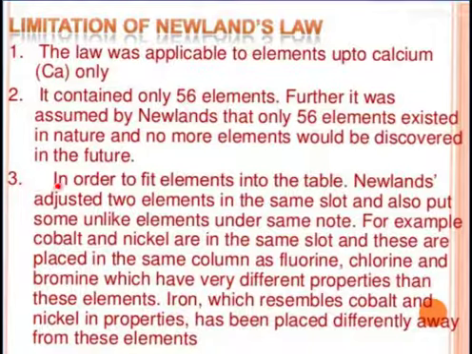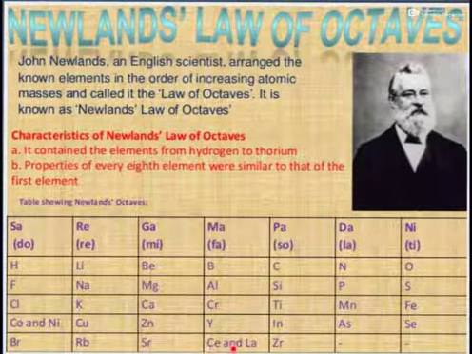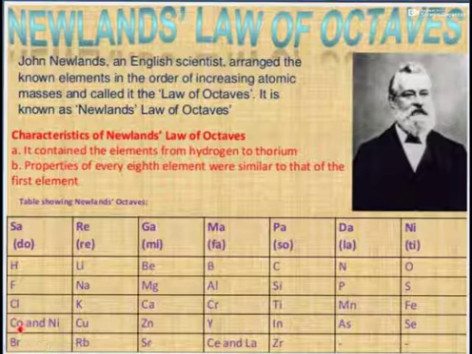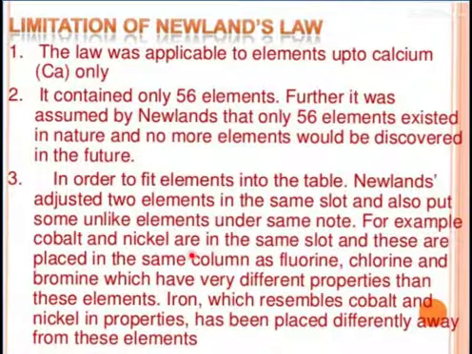Number 3: in order to fit elements into the table, Newlands adjusted 2 elements in the same slot. Slot means the same place, like you can see here, at one place there are two elements. Here also there are two elements, cobalt and nickel. To fit the elements, he provided the same slot to two elements and also put some unlike elements under the same slot.